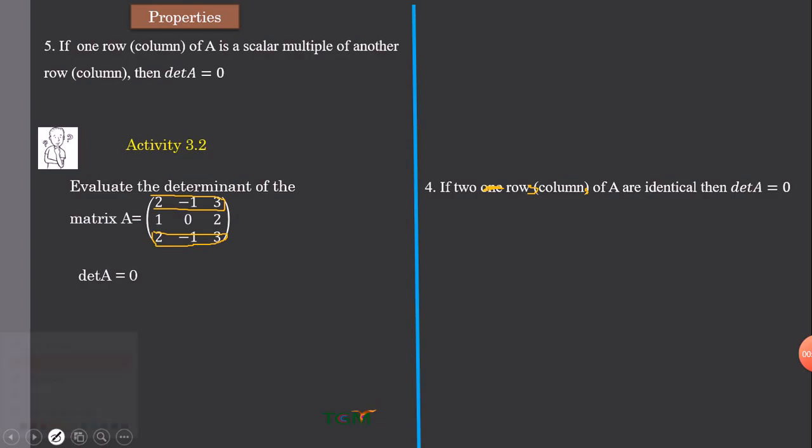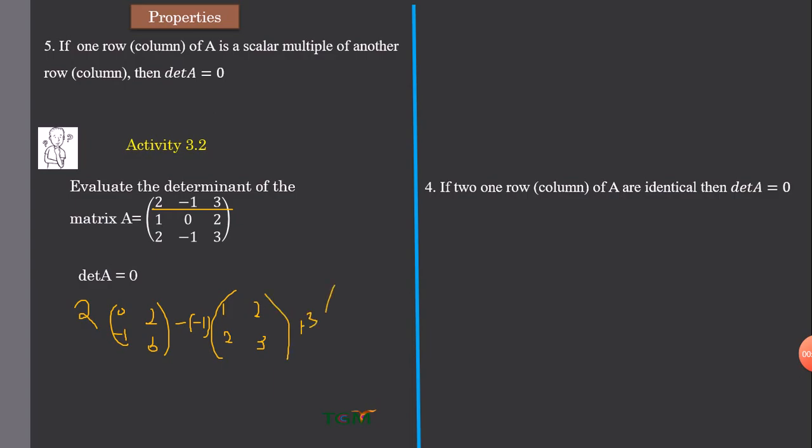If you want to prove that, we can prove that. Let's say we consider 2, we are going to have this matrix 0, 2, -1 and 3, minus -1. We are considering the first row, -1. We're going to have the matrix 1, 2, 2 and 3, plus 3, which will give us 1, 0, 2, -1.